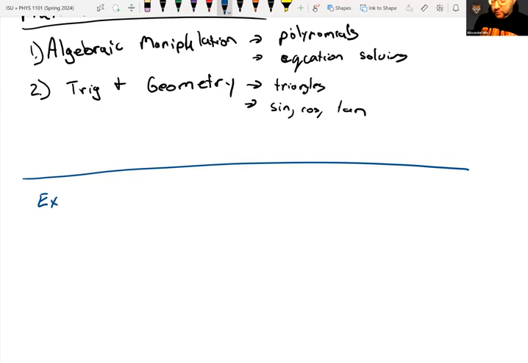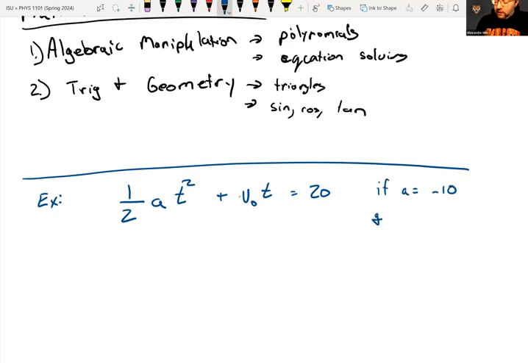For example, something like this: if we had 1/2 a t squared plus v naught t is equal to, we'll just say, 20. The idea here is that if a equals -10 and t equals 3, find v naught.